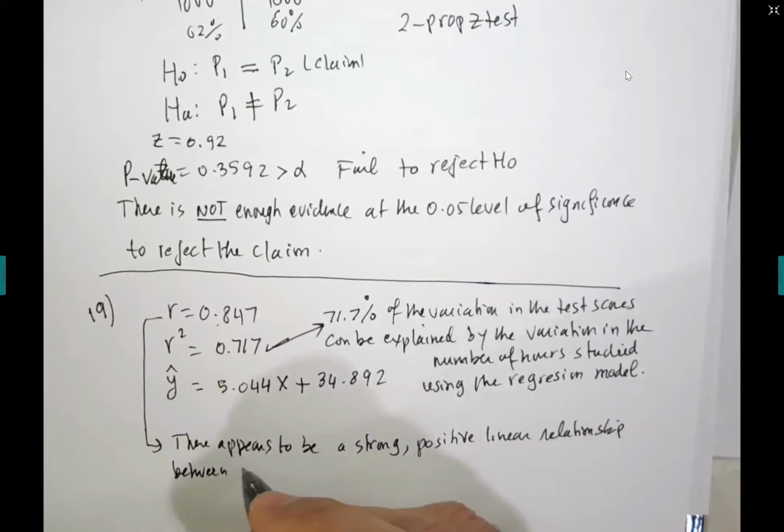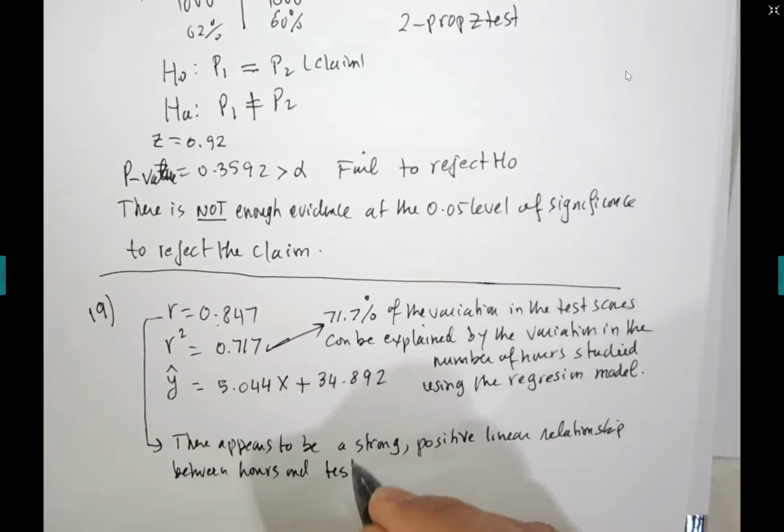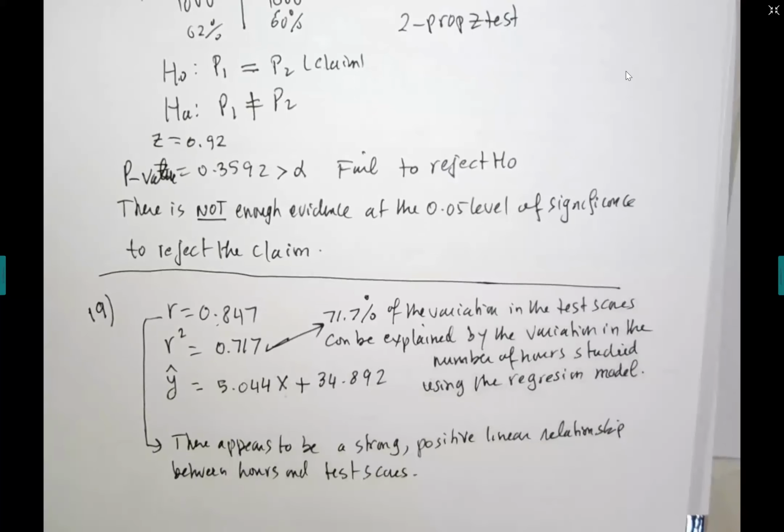He's going to put the actual names, hours and test scores. All right, so that takes care of about 60% of the problem. And now the last part is to do the testing. So I'm going to show you how to test this one.